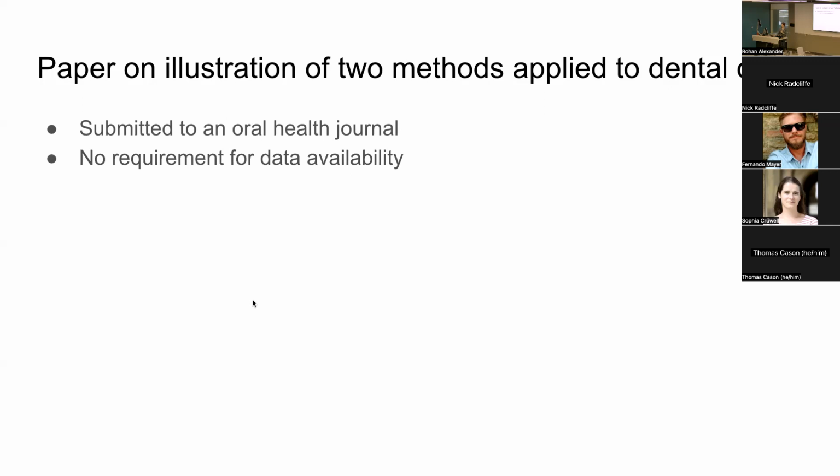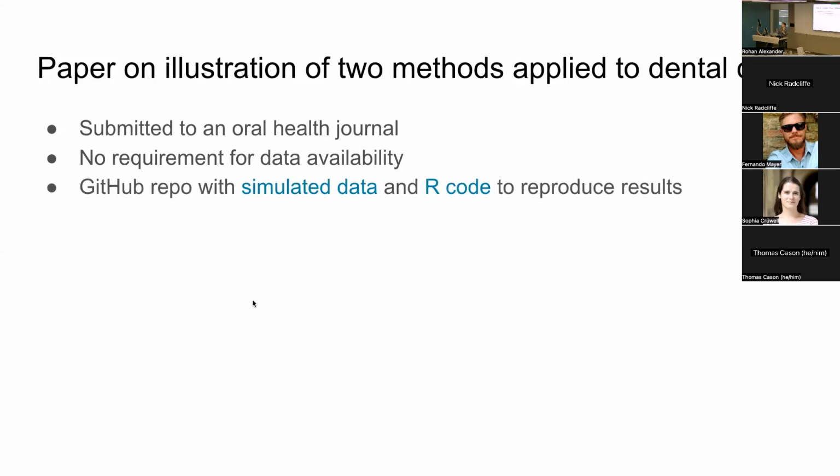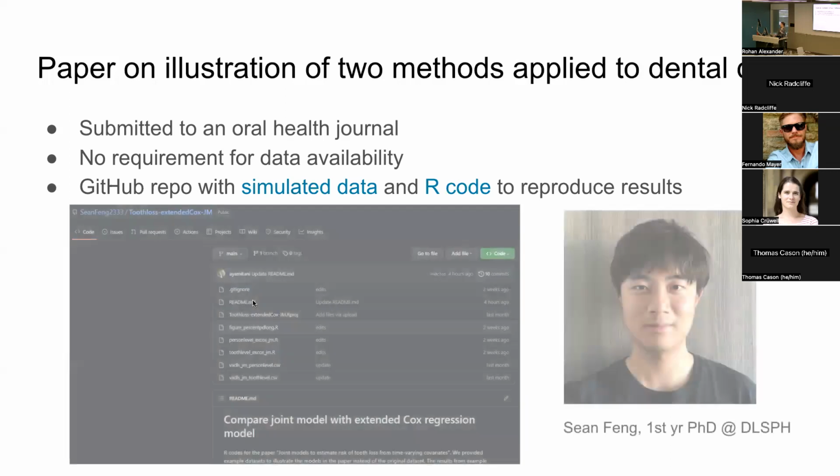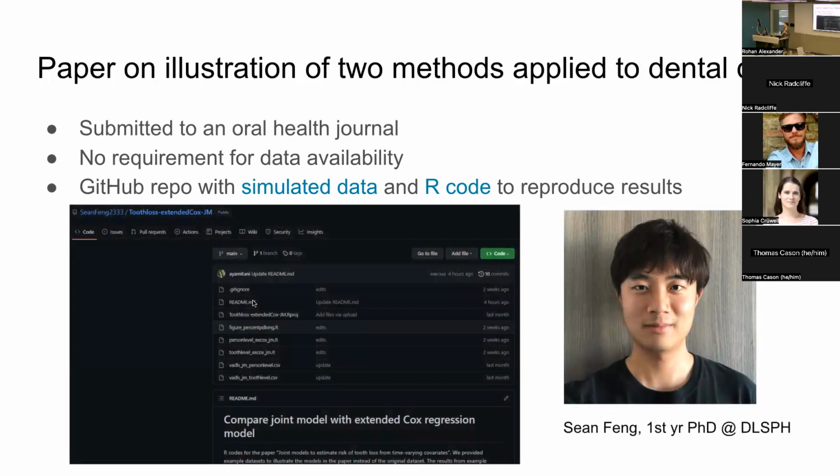However, because this was an illustration of methods, we still wanted to provide data and code where the readers can apply the method that we describe to their own data, right? So we did create a GitHub repo with simulated data and R code to reproduce the results. And this beautiful repo was created by my first year student, Sean, who's at the Dalla School of Public Health. He's a PhD in biostatistics.